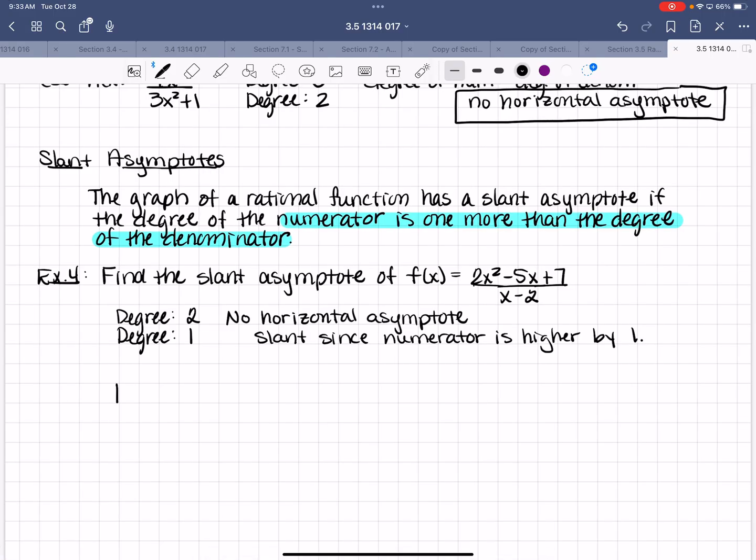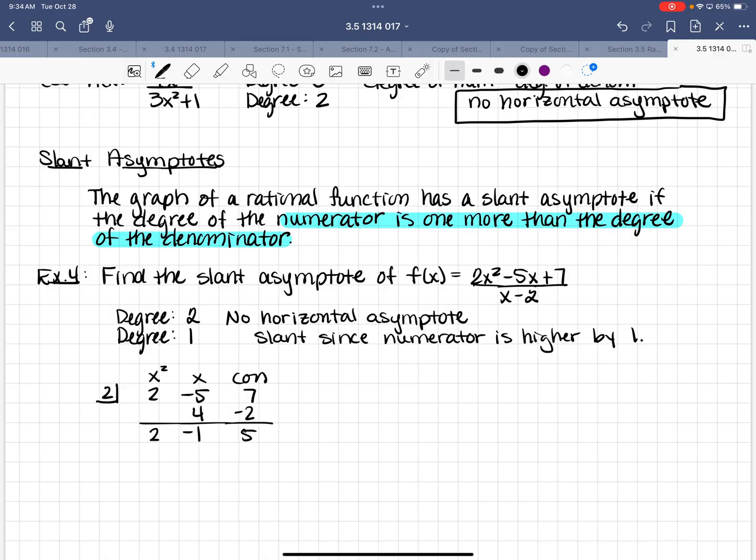Okay, I know that 2 goes in the box, and then up top I have an x squared, an x, and a constant. So I've got a 2, a negative 5, and a 7. Okay, I'm going to bring down a 2, a 4 goes up, a negative 1 comes down, negative 2 goes up, and 5 comes down.